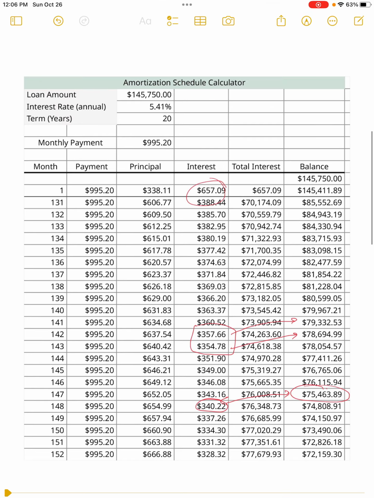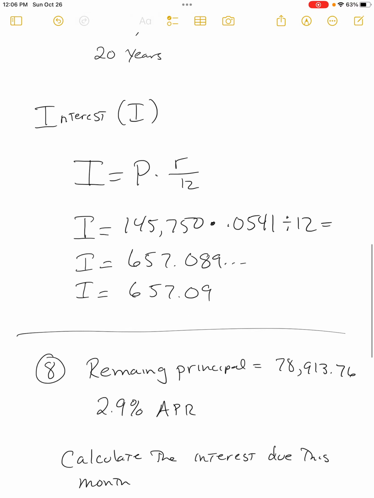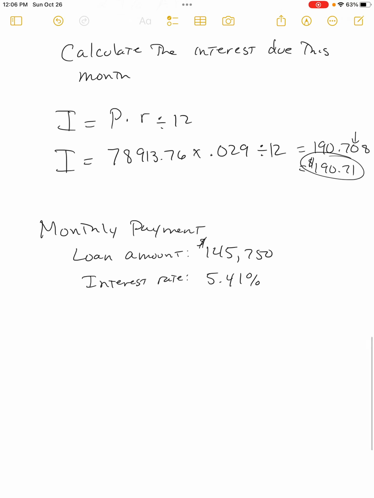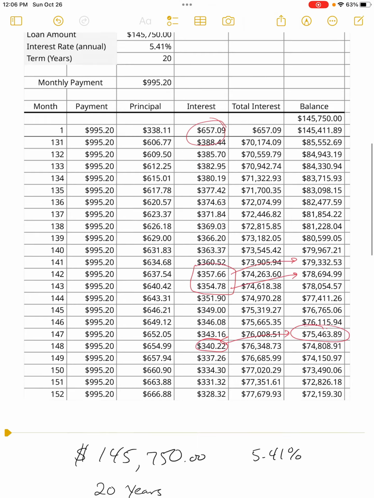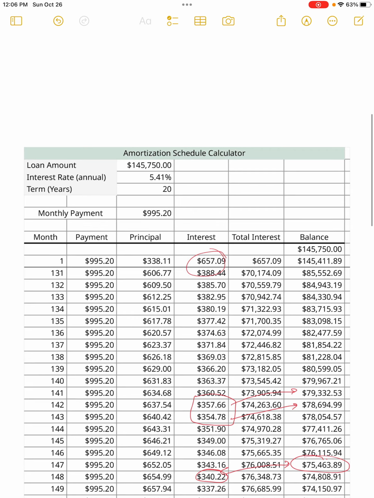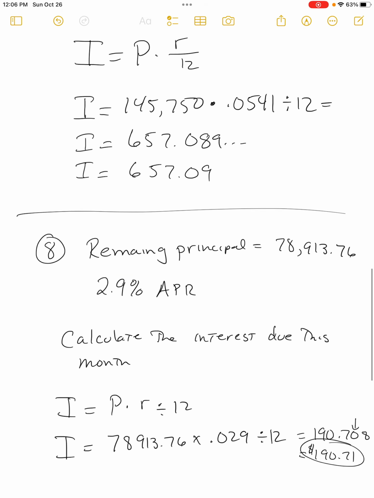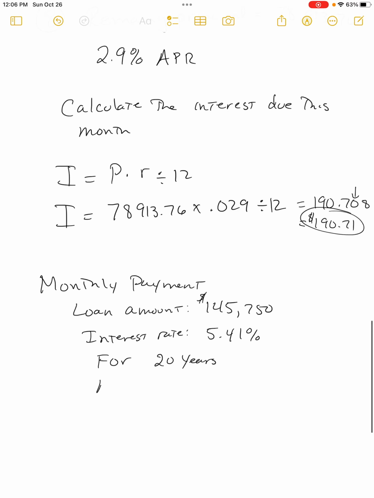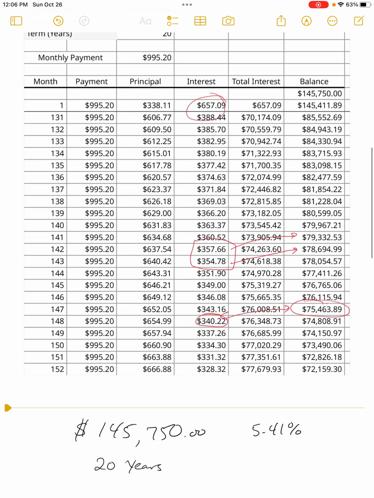We'll go back up and double check. 5.41%. The number of years, it was for 20 years, right? Trying to keep that interest down, but our payments manageable. And we had a monthly payment for that. They came up with a monthly payment of $995.